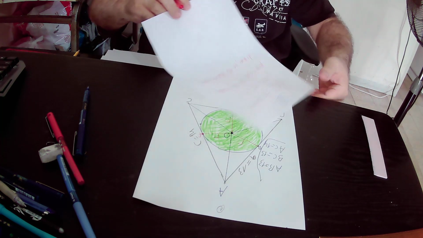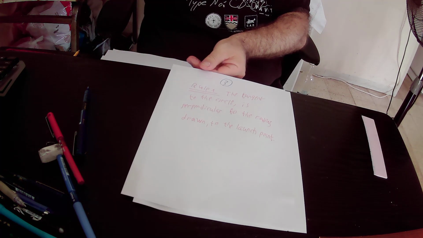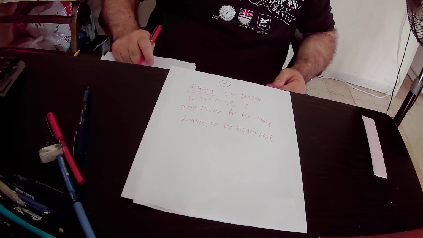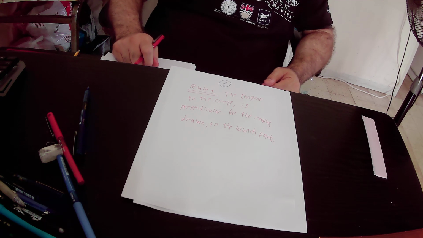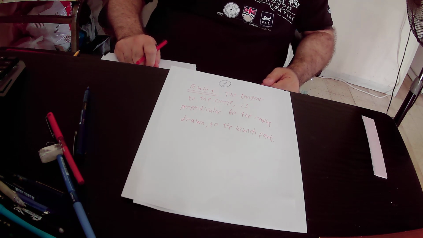So I read rule number 1 again. Rule number 1 states that the tangent to the circle is perpendicular to the radius drawn to the launch point.